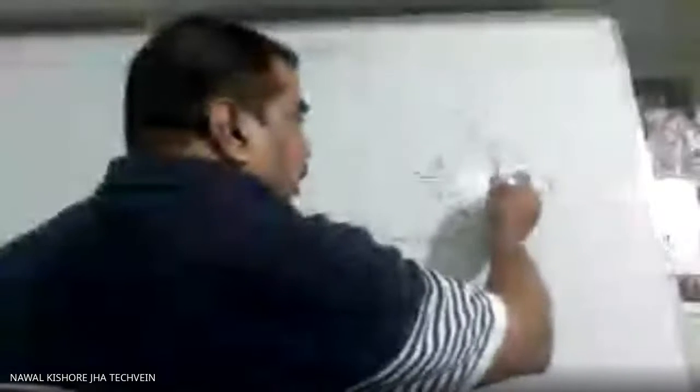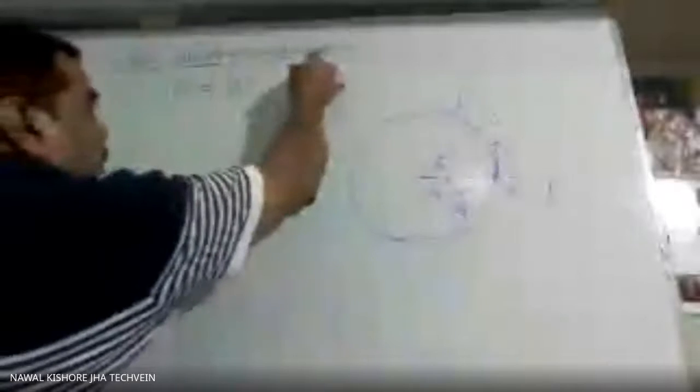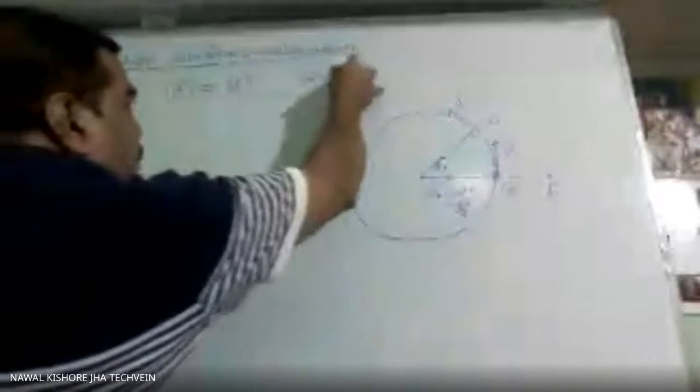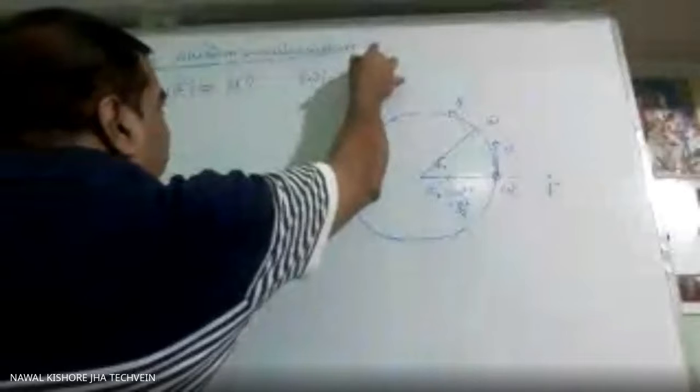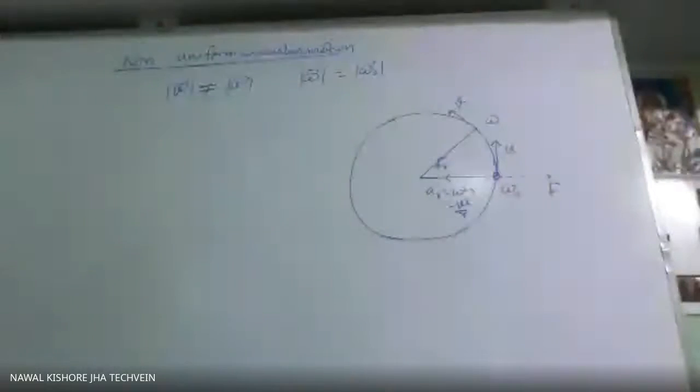Or if here it is omega naught, and here is omega, the angular speed, this omega will not be equal to omega naught. Maybe if you are considering vector. So in this case, the velocity of the particle will keep on changing, either increasing or decreasing.